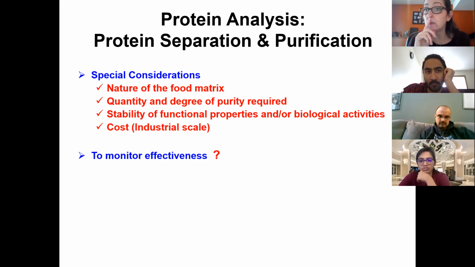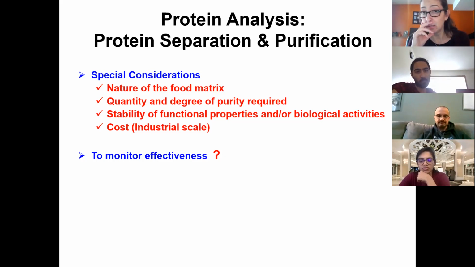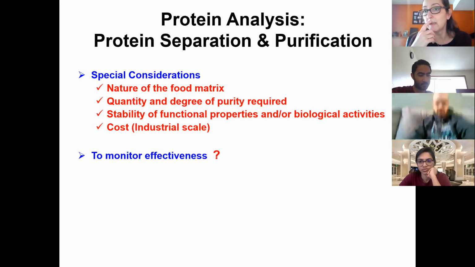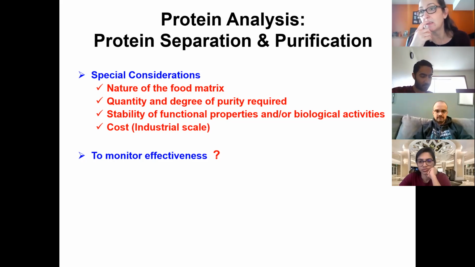Some oilseed proteins require really high pH, and I'll show you examples later. To solubilize, great, I can solubilize them, but now high pH also denatures my protein and causes oxidation and polymerization. Then the protein might not be very functional at the end of the day. So I need to look at other ways to isolate that protein.